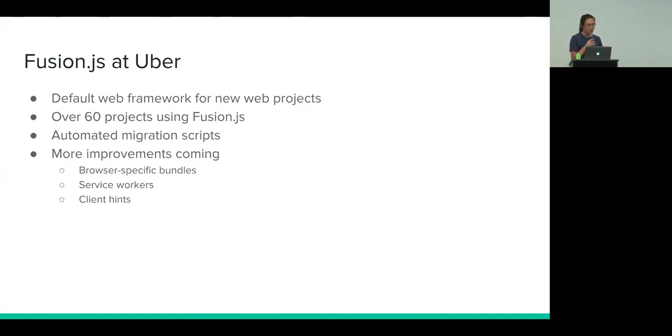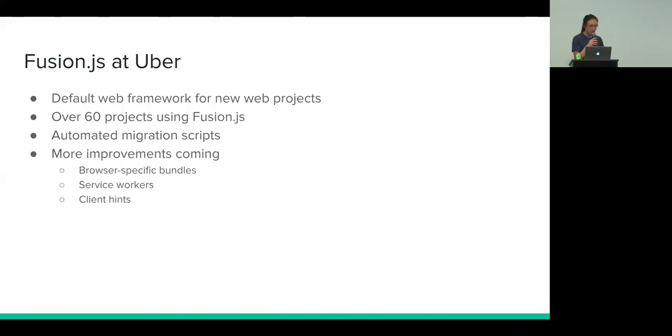It's the default framework that we're going to be using for all of the projects going forward. We released this externally in August, but we've had it internally since, I believe, January. And as I mentioned, we wrote automation migration scripts that convert our code bases, about 600 of them, over to Fusion.js. So that also contributes a little bit to that 200 number.